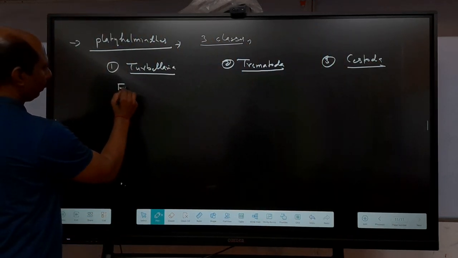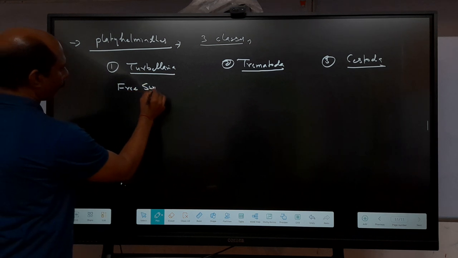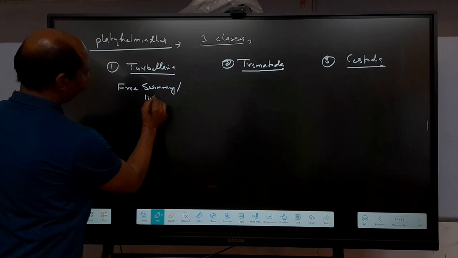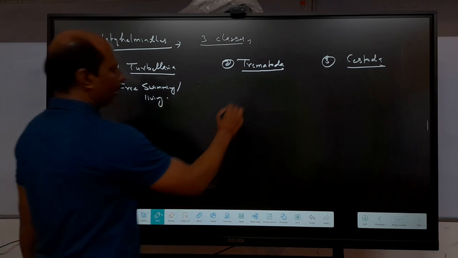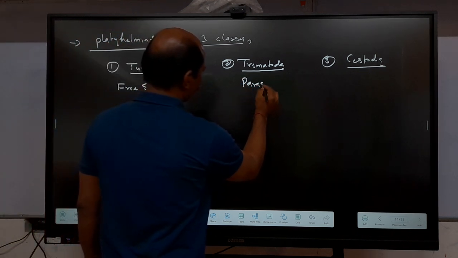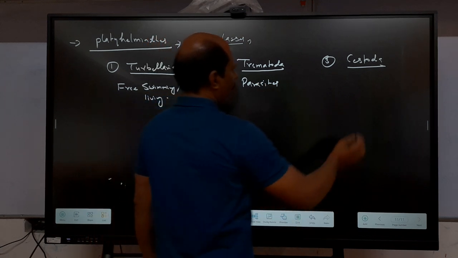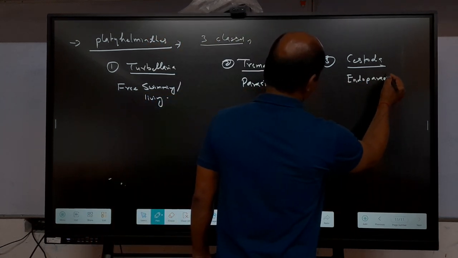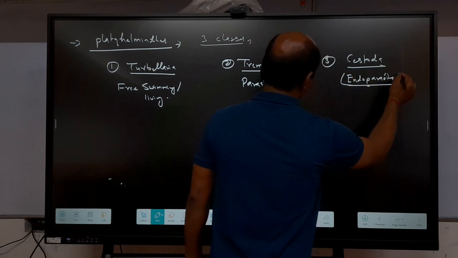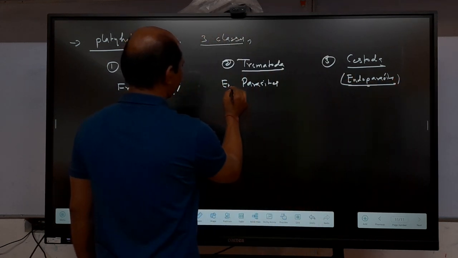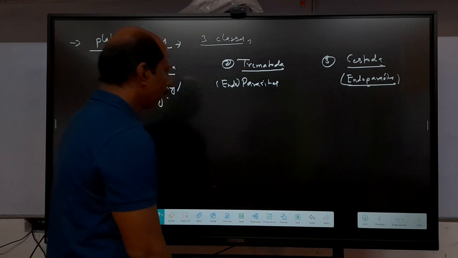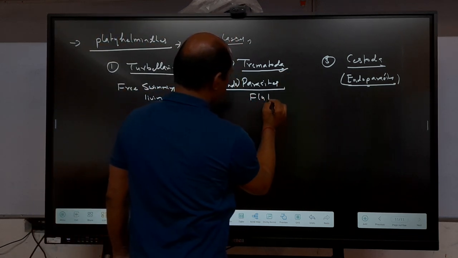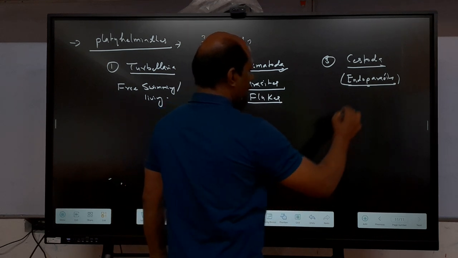Turbellaria means free swimming, or free living. Trematoda are parasites. They are endoparasites. These Trematoda are also called flukes, and these are tapeworms.